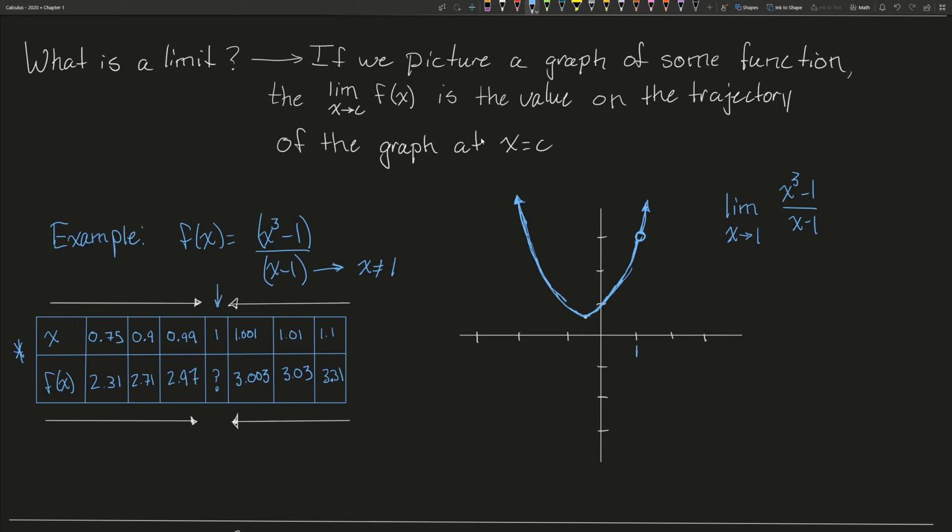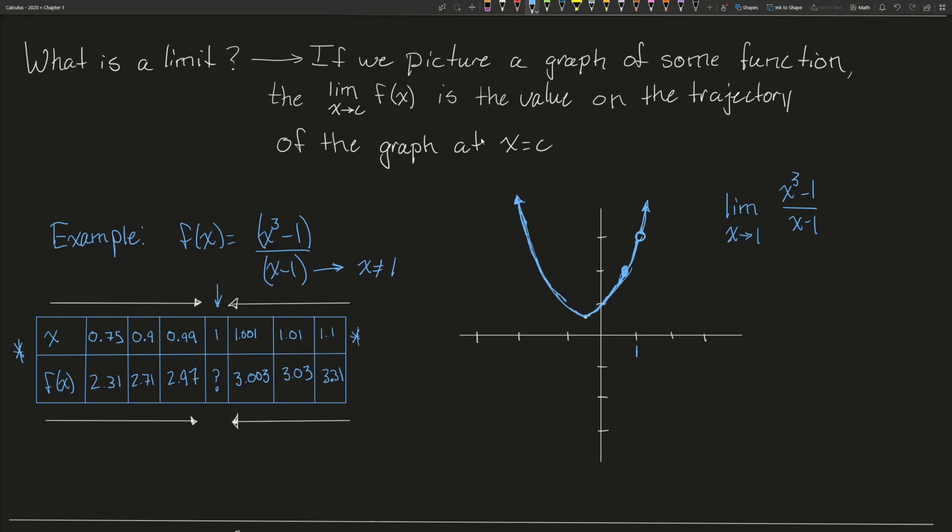So when we do that, we can plug in 0.75, we get out 2.31. We can plug in 0.9 and get 2.71, 0.99, 2.97, and then we work from the other direction, right? So we can plug in 1.1 to get 3.31. We can plug 1.01, get 3.03. We can plug in 1.001, get 3.003.